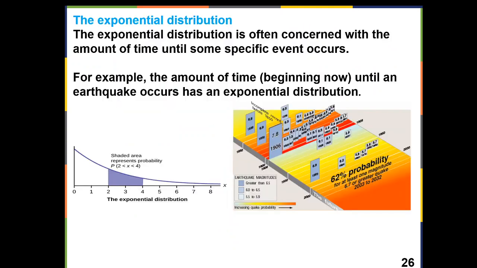Okay, so let's talk about it. Now, exponential distribution is used in many applications. For example, the amount of time beginning now until an earthquake occurs has an exponential distribution. So if you want to see, okay, what's the probability that I have to wait 10 years before there is an earthquake somewhere, that's exponential distribution.